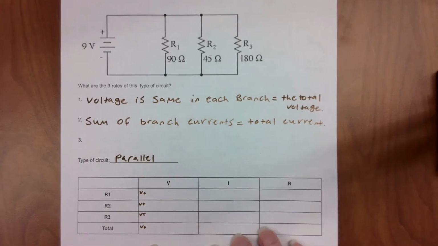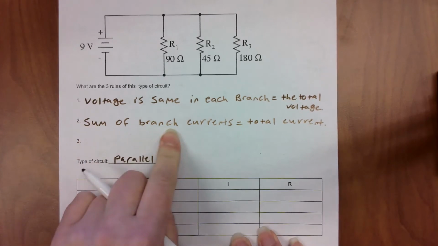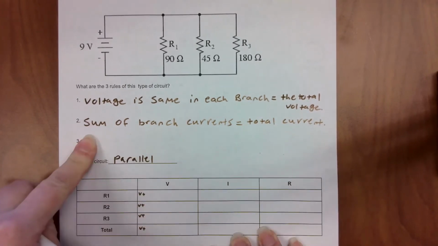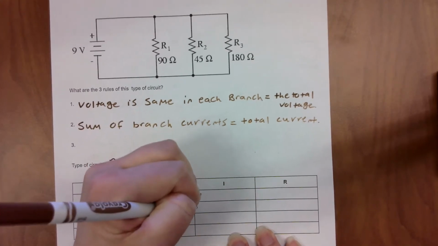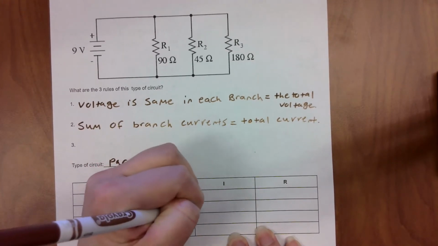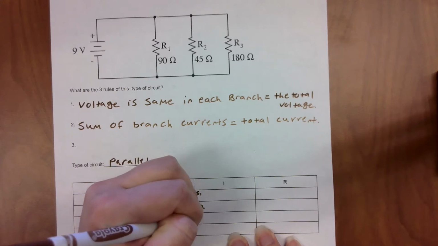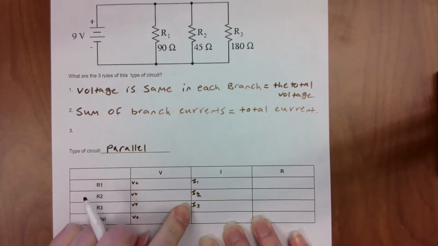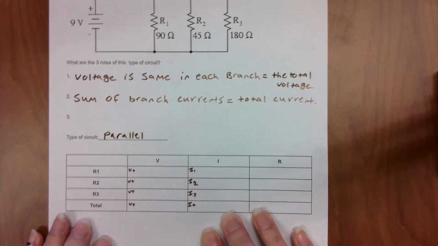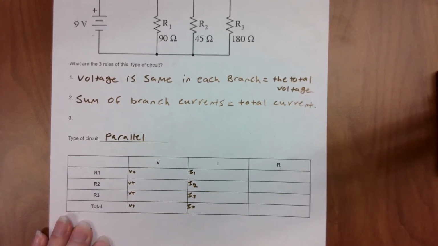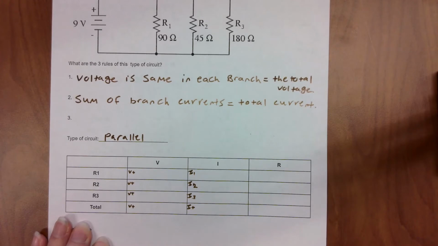Okay. Whereas for 2, the sum of your branch currents will equal the total current. This means that your different currents here, current 1, 2, and 3, will add up to your total current at the bottom. Okay?